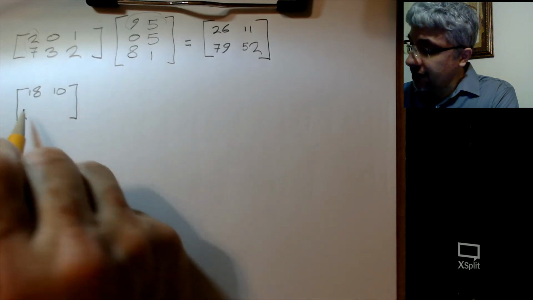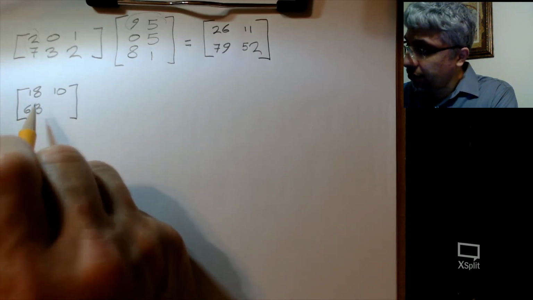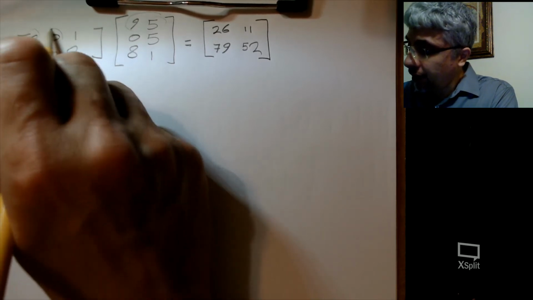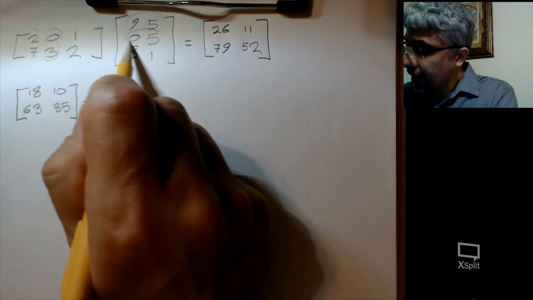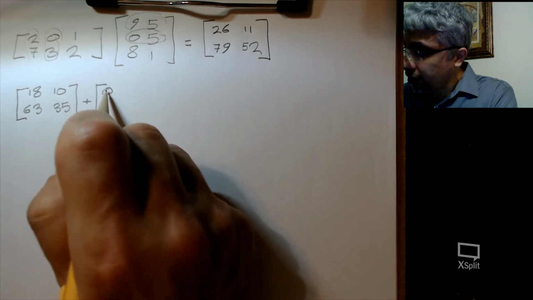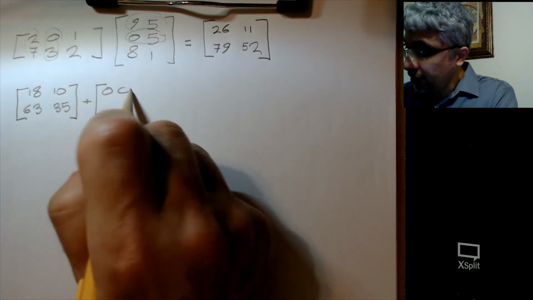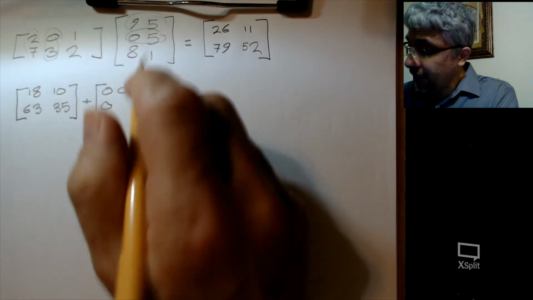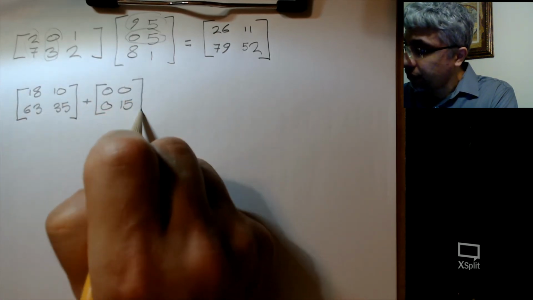Then I get 7 times 9, which is 63, and 35. And now I take the second and the second, so 0 times 0, 0 times 5, 0, and a 3, but then I get a 3 and a 5, so I get a 15 there.